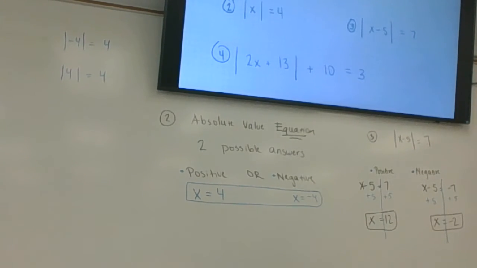I encourage you to check. Is -2 take away 5 equal to 7 with brackets? Is the absolute value of -7 equal to 7? Yes, it is. Both of these answers make this equation true. All right, try the next one.